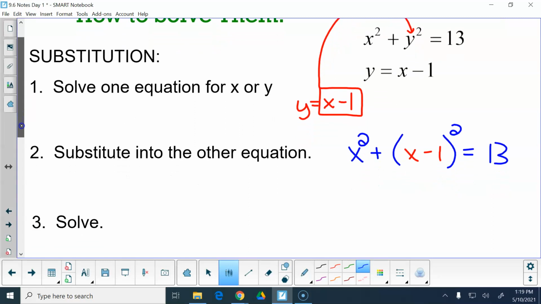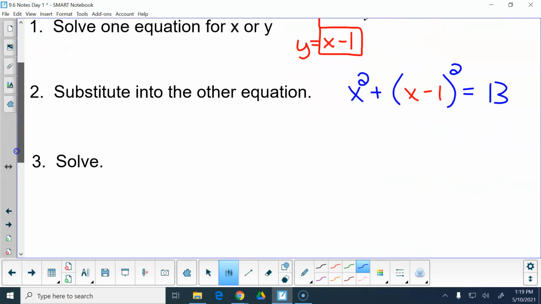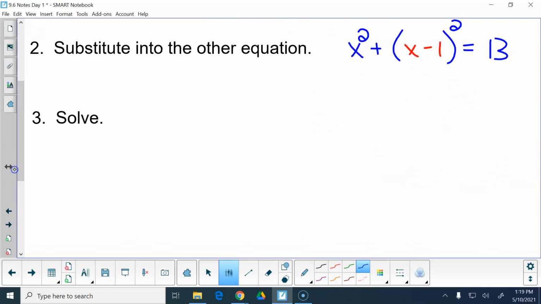Third step says, now we've got to solve that, because now I've got one equation with just x in it. Okay? So this simplifies to be x squared plus x squared minus 2x plus 1 equals 13.